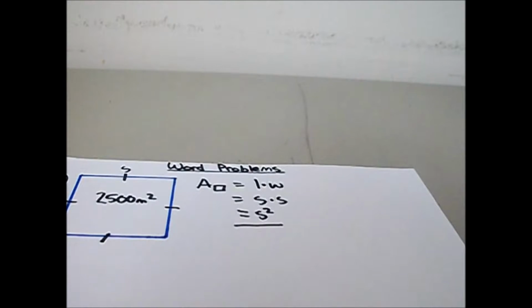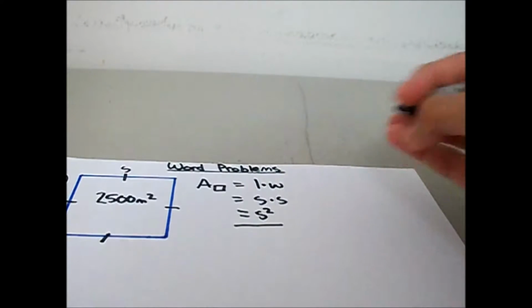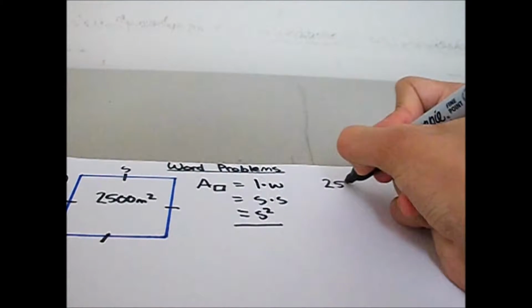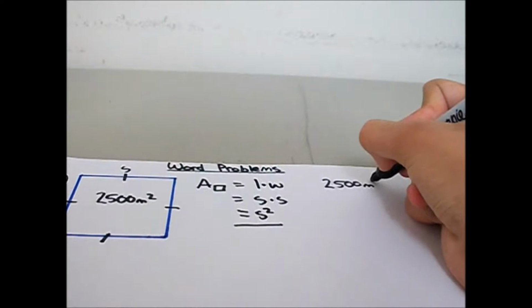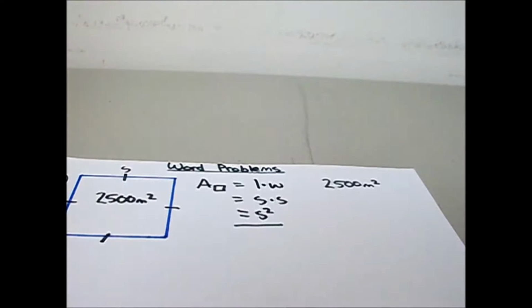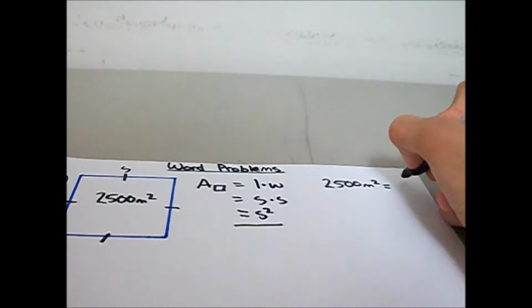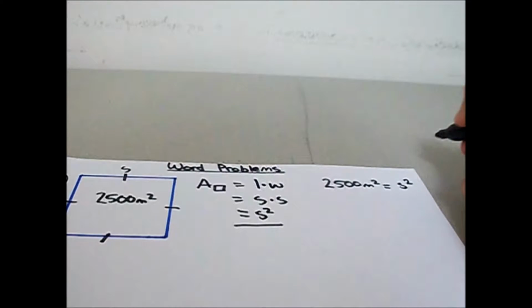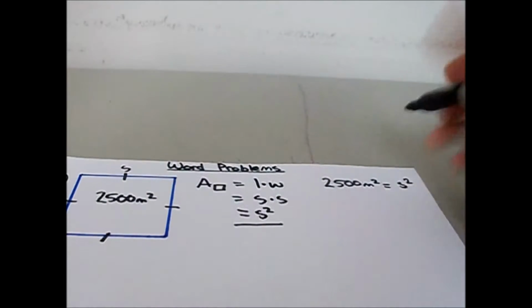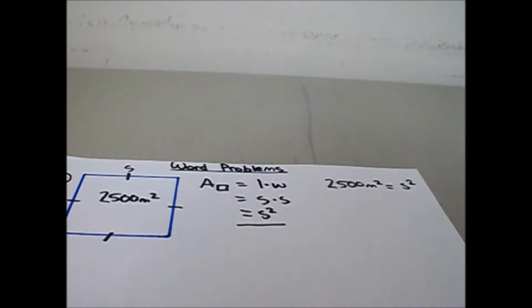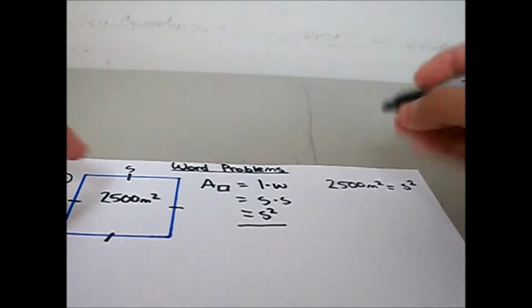The area of the house is 2,500 square meters, and the formula for the area of a square is s squared, as we just deduced. 2,500 square meters equals s to the power of 2, or s squared.